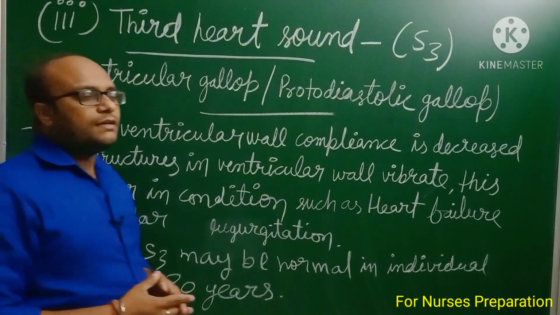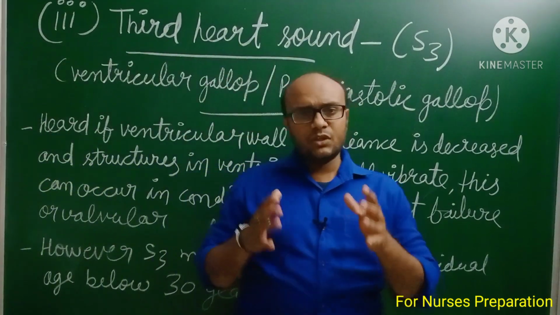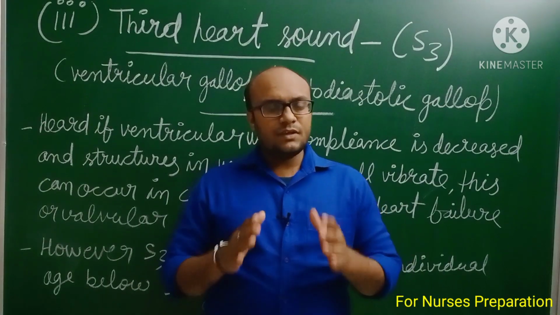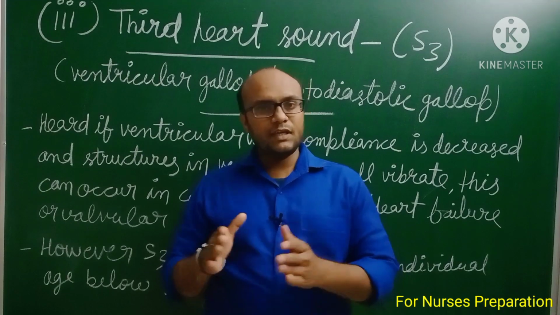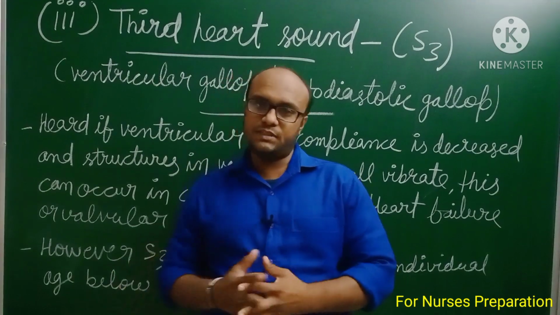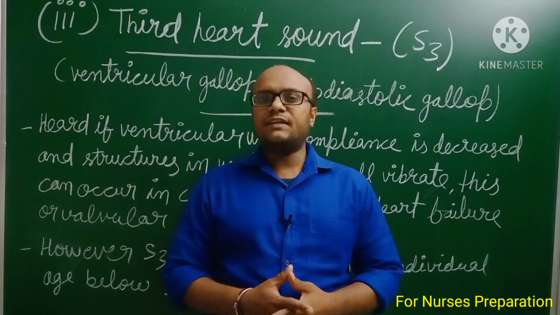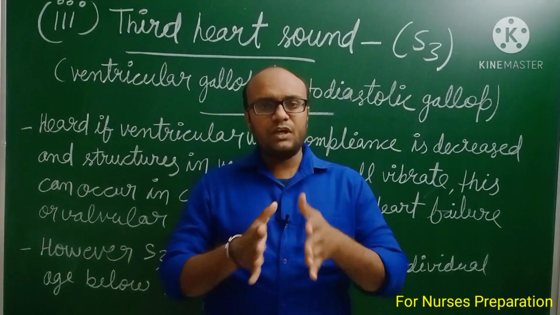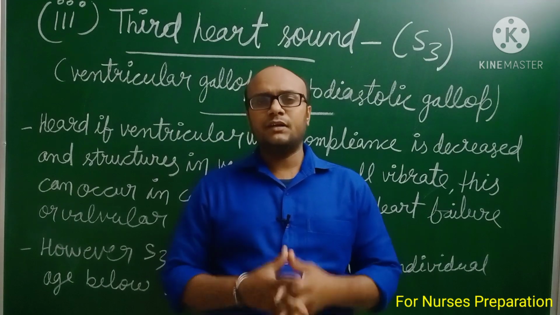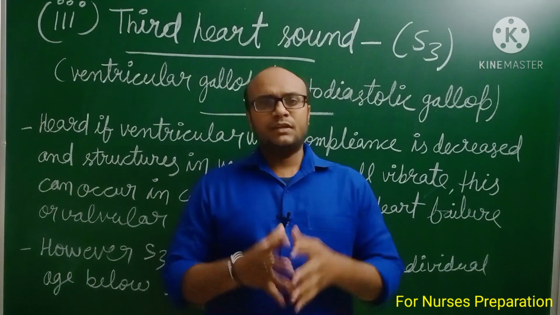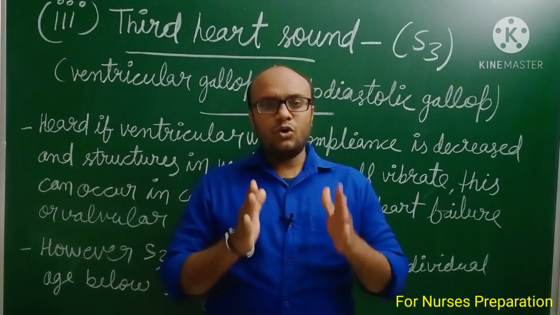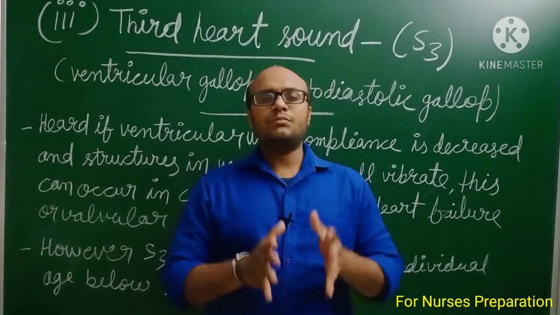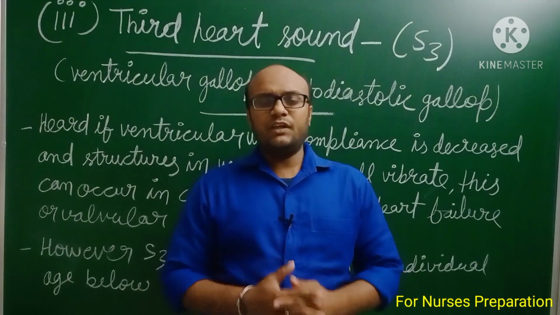Simply we can say heart failure is a condition where the heart is unable to pump a sufficient amount of blood in the body according to the body's demand. At that time, the heart's ventricles try to push the blood forward to fulfill the demand, but due to failure there is no complete ventricular contraction and at this time vibrations are generated.